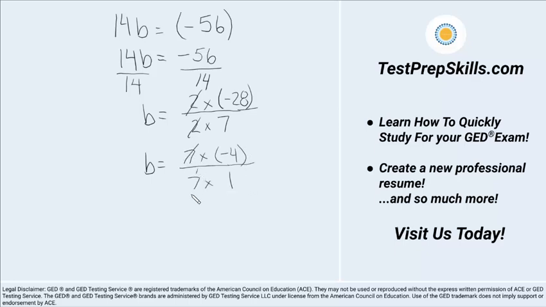So the 7s canceled the same way we canceled the 2s, and we're left with b is equal to negative 4 over 1. Now, we can make any whole number a fraction by placing it over a 1, okay? So we can make any number a fraction if we put it over 1. What this means is b equal negative 4 over 1 is actually b is equal to negative 4.